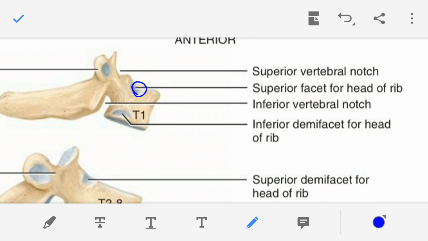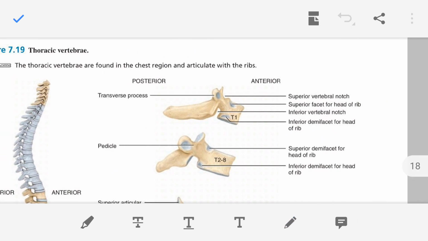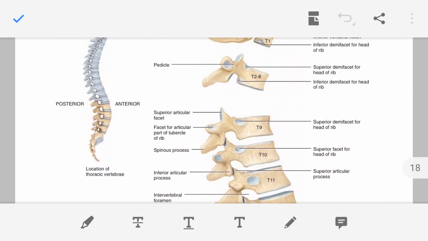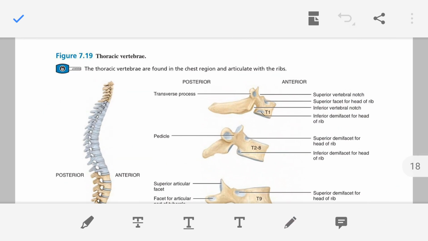Okay, so this is the T1, first thoracic vertebra, and this is the superior facet for the first rib, and this one is the inferior demifacet for the head of the rib. Which one? Second rib. Now got it? This one is the facet, this one demifacet, this one demifacet.